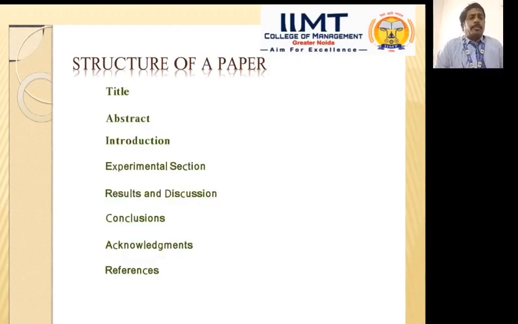Structure of a paper. How you can design the paper. The title, then abstract, introduction, experimental section, result and discussion, conclusion, acknowledgement, and references. Previously I discussed the topic and title, and how you can choose your topic.